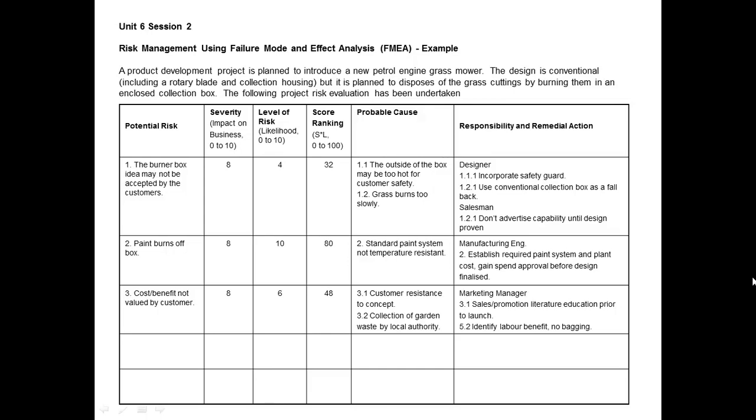You'll also notice here that we've got a numbering system, and we follow these numbers all the way through right up to responsibility and remedial action. That's necessary because if we had a real product with perhaps 100 or more potential risks, we would need to keep track of them.